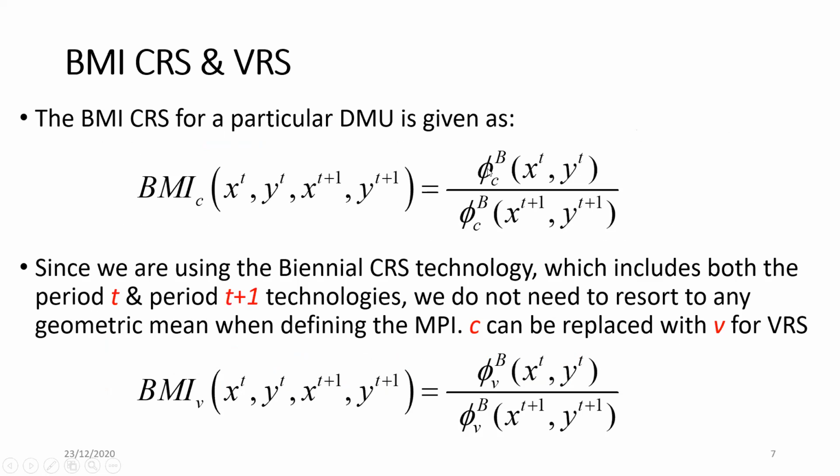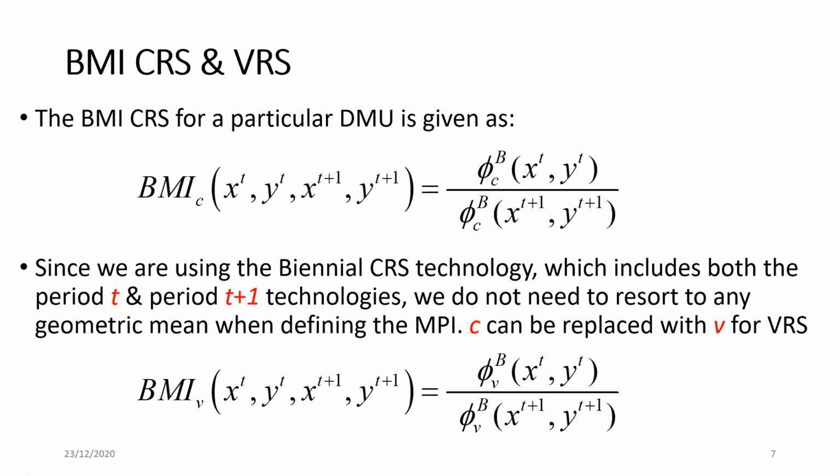Now the phi is the output-oriented efficiency score. And since we are using a biennial CRS technology for the top mathematical equation, it will include both period T and period T plus 1. Please note something.